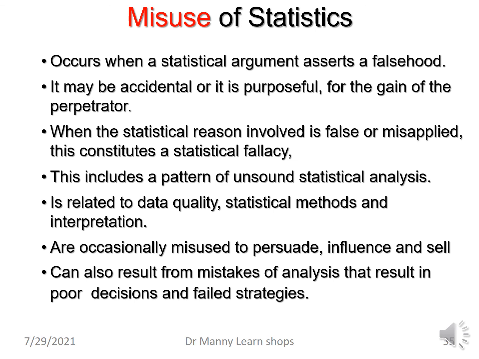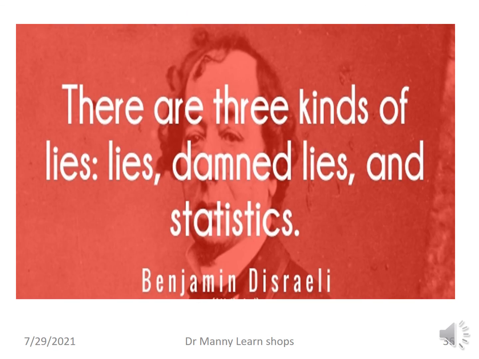This includes a pattern of unsound statistical analysis related to data quality, statistical methods and interpretation, and is occasionally misused to persuade or influence or sell a product. It can also result from mistakes of analysis that result in poor decisions and failed strategies. So essentially there are three kinds of lies, according to Benjamin Disraeli: lies, damned lies, and statistics.